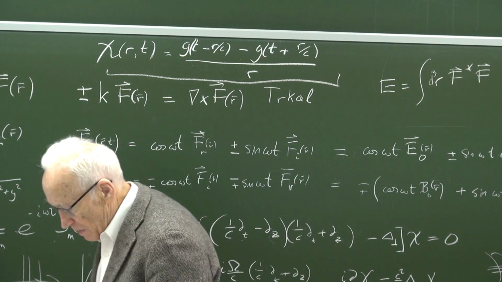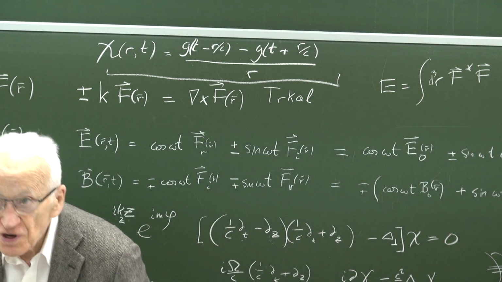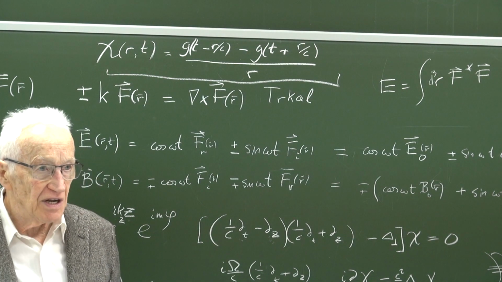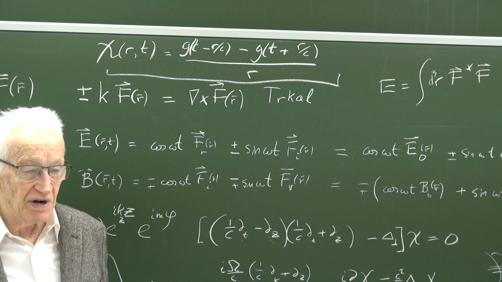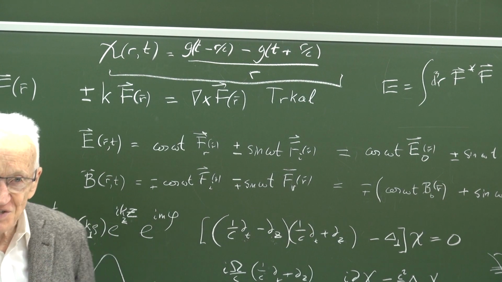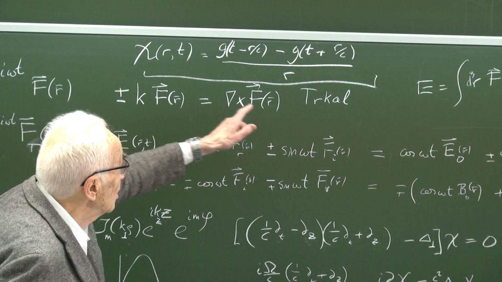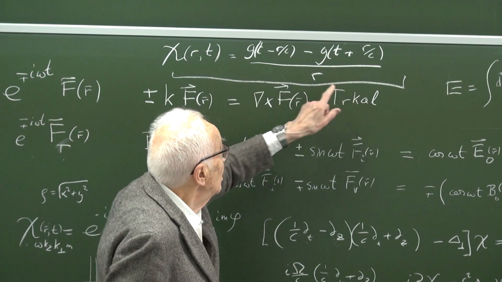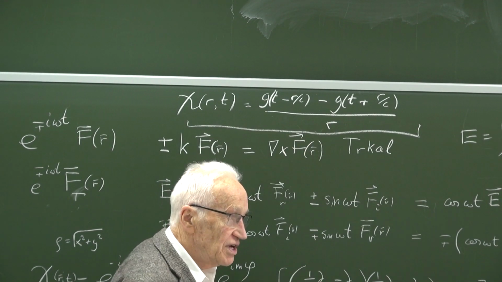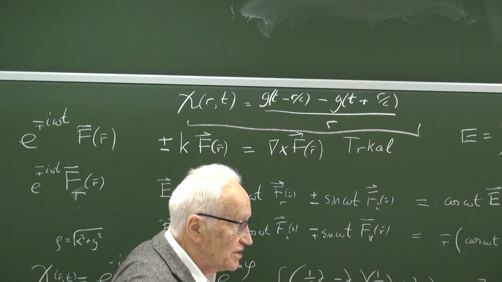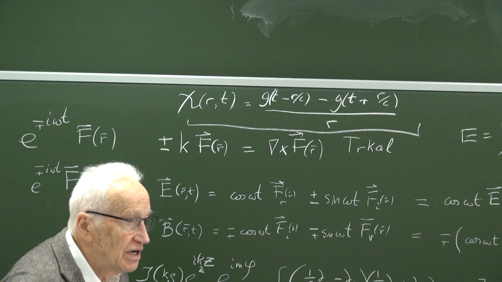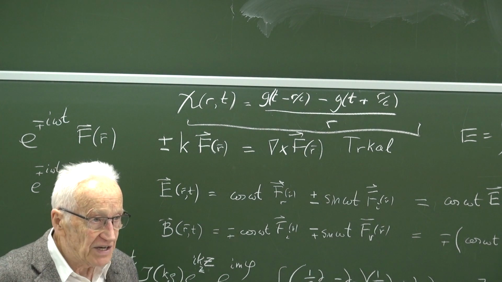Such a simple trick will do. G can be an arbitrary complex function. No restrictions whatsoever, except that you should be able to differentiate this function. This function is regular because when r is 0, then the numerator vanishes and the denominator vanishes, so the zeros cancel. And G in general will be complex.